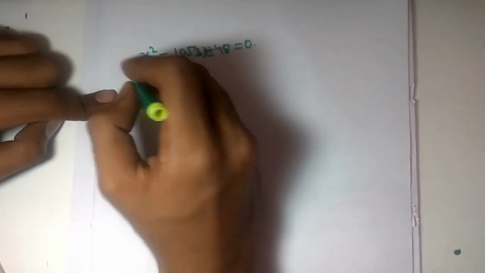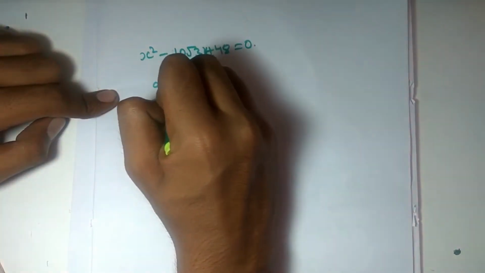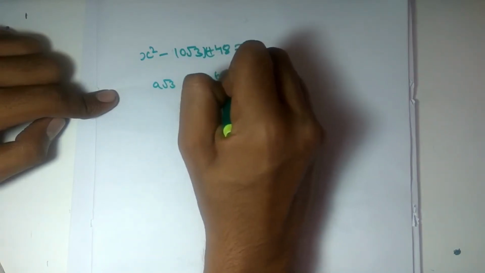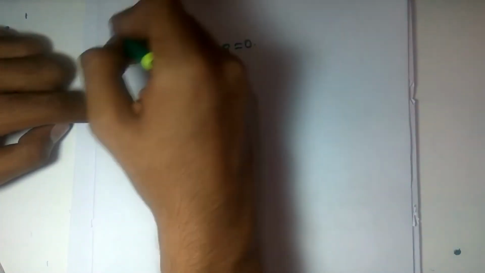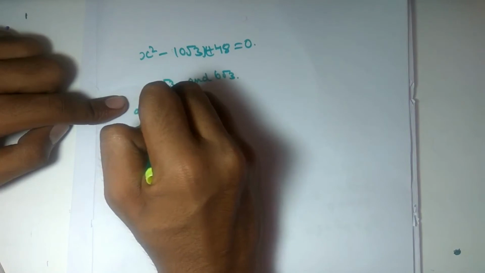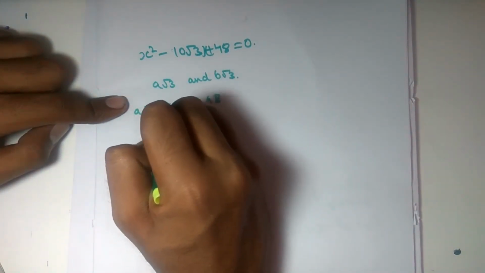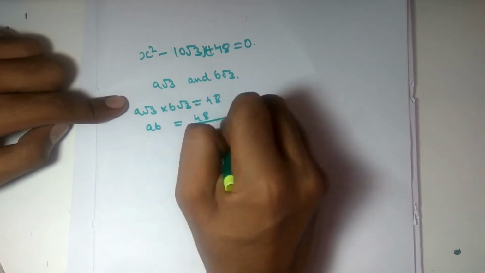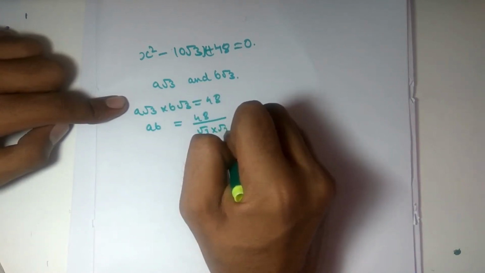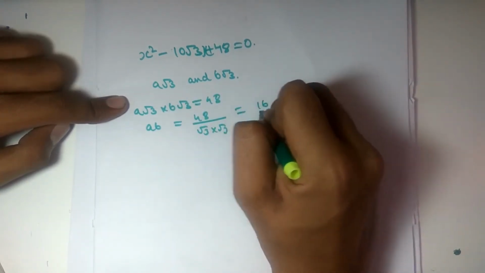So in this question, we have to split the middle term as a root 3 and b root 3. Observing this, the product of the split should be 48. So ab will be equal to 48 divided by root 3 into root 3, which we get as 16.